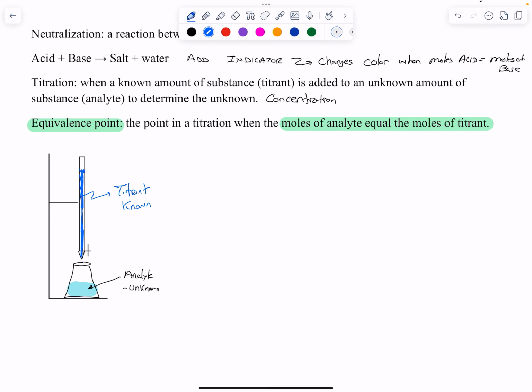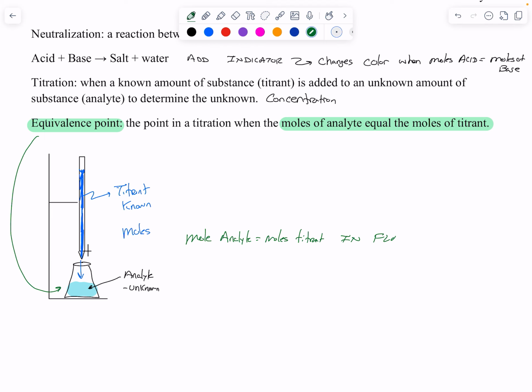And we mix them until the moles of titrant that actually enter equal the moles of analyte. Does that make sense? So we get the same number of moles in the flask. So this equivalence point is when moles of analyte equal moles of titrant in the flask. Hopefully that makes sense.